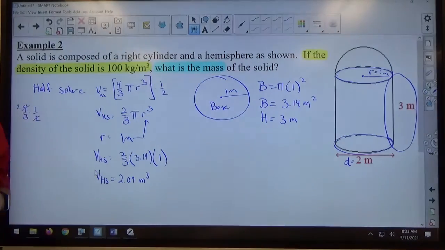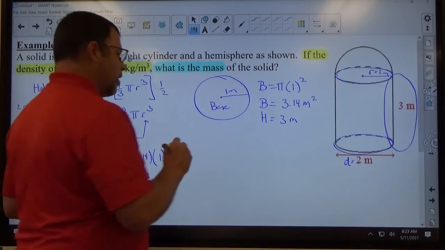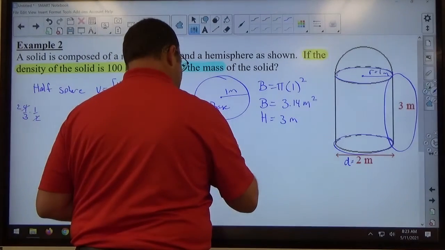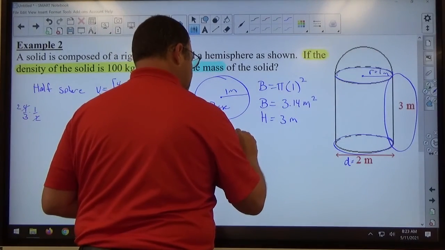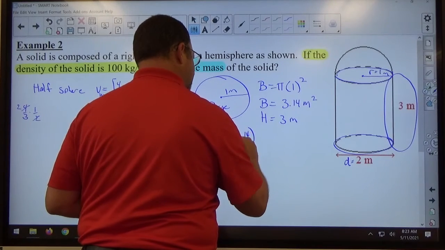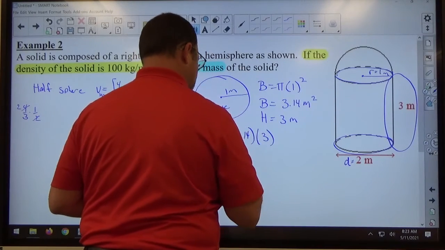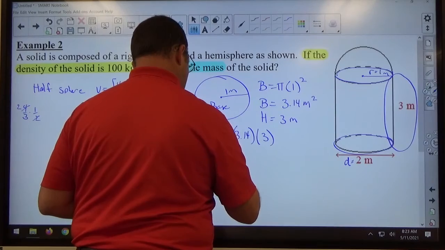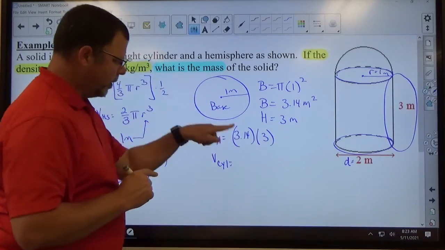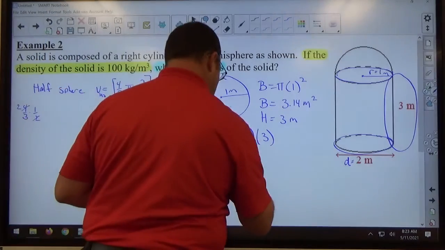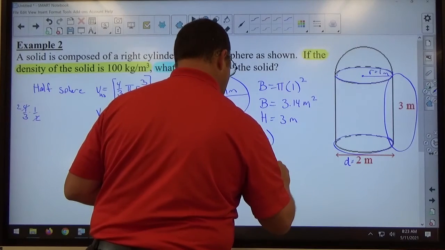So the volume of the cylinder is the area of the base, 3.14, times the height, 3, which is 9.42 cubic meters.